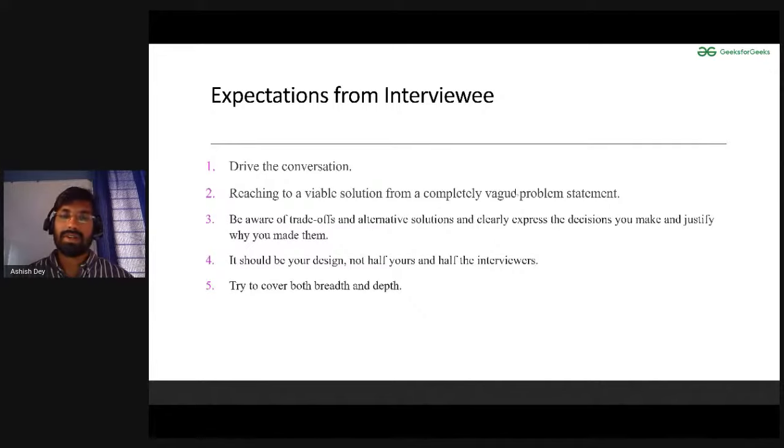For the systems that you design, there is some part which we call the core logic that has to be discussed during the interview. If you are not discussing that core logic in depth, meaning you are not able to explain the design properly. For example, if there is a design for a tiny URL, the core logic is how you will generate a unique URL for each long URL that you are getting.